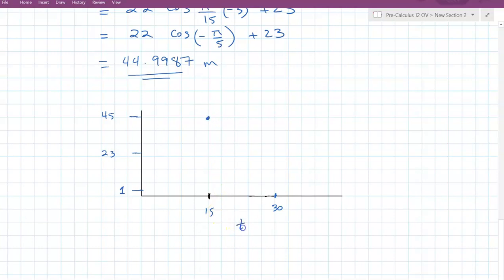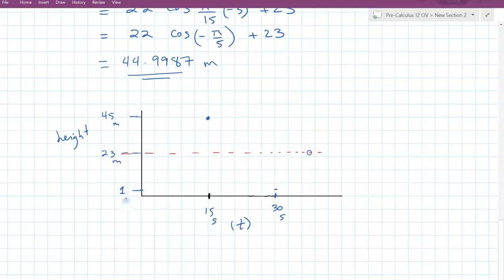This is the time, this is the height, and this is all in meters and seconds, just to make sure. Then you come back to 1 at 30 seconds as a full cycle.